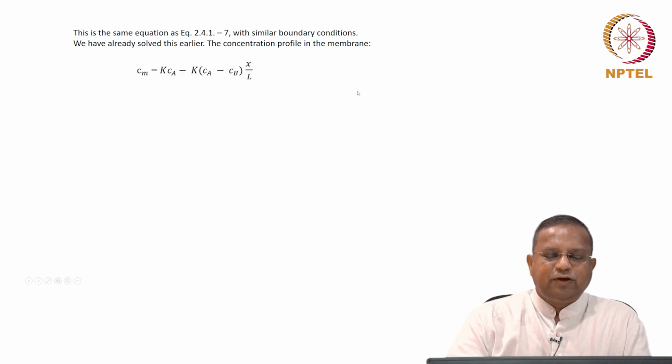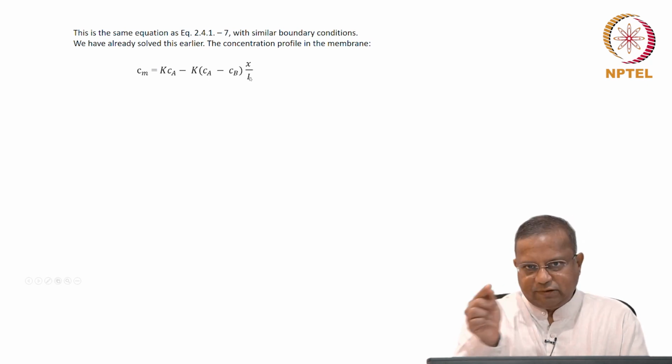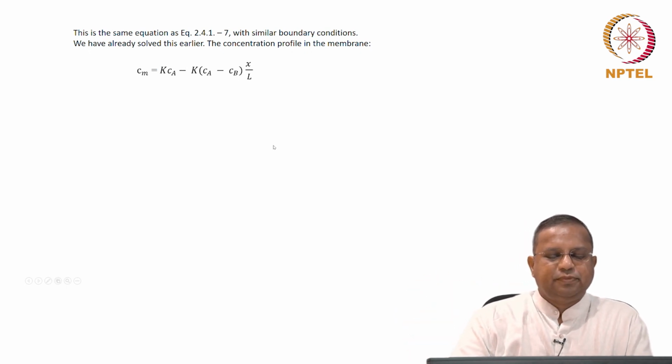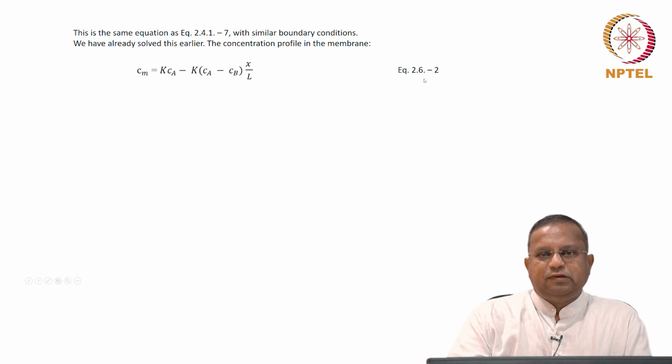The concentration profile in the membrane would be C_m at any point x equals K C_a minus K times (C_a minus C_b) times x divided by L, where x is the distance along the membrane from this side to this side. Equation 2.6-2.